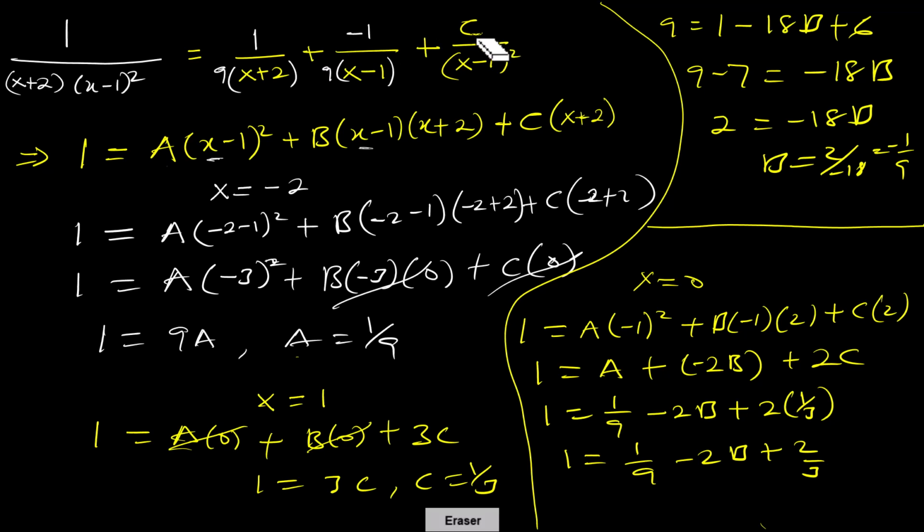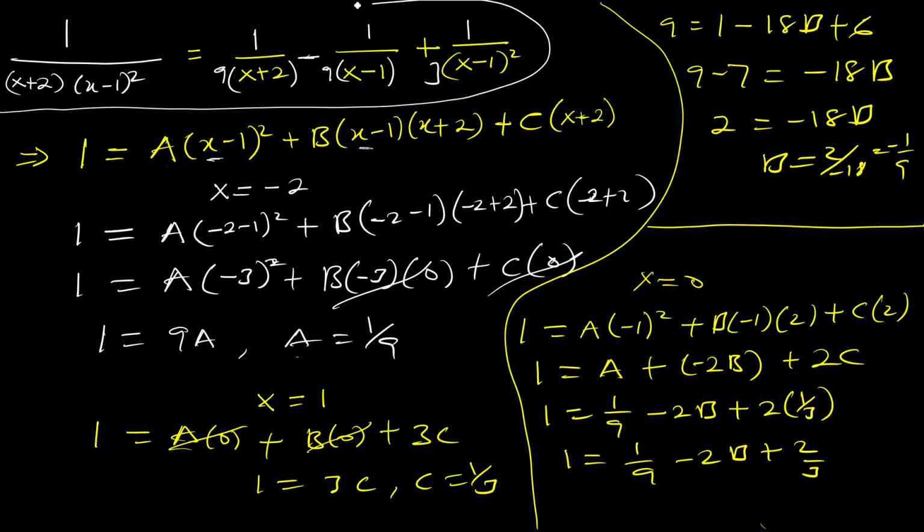Then C is 1 over 3. So this minus will affect this, so I'll put minus here. This is the final answer. So this one has been resolved into partial fractions.